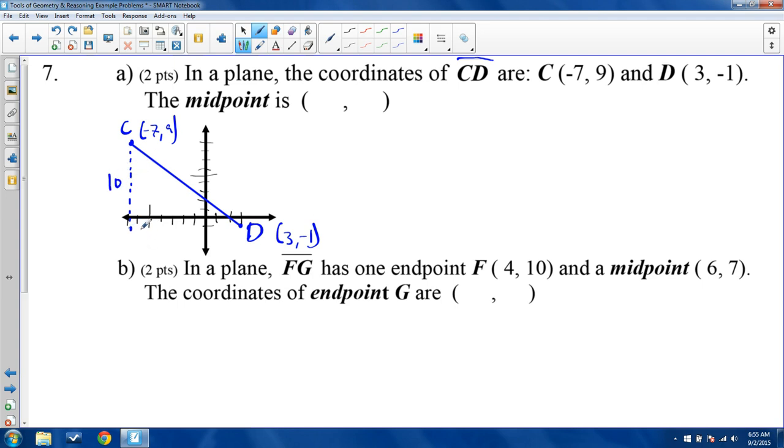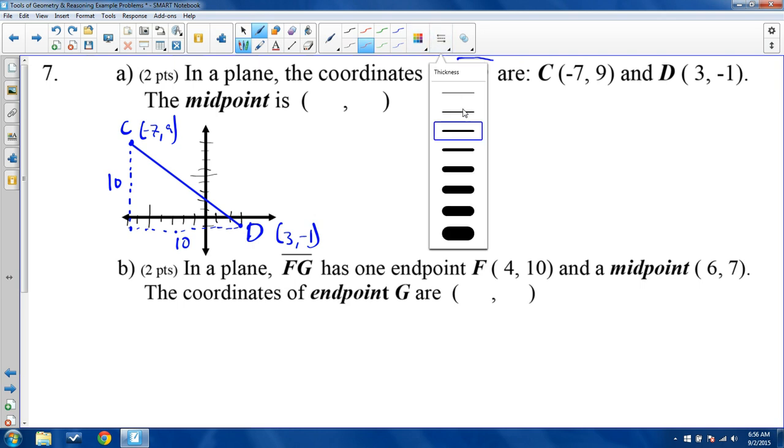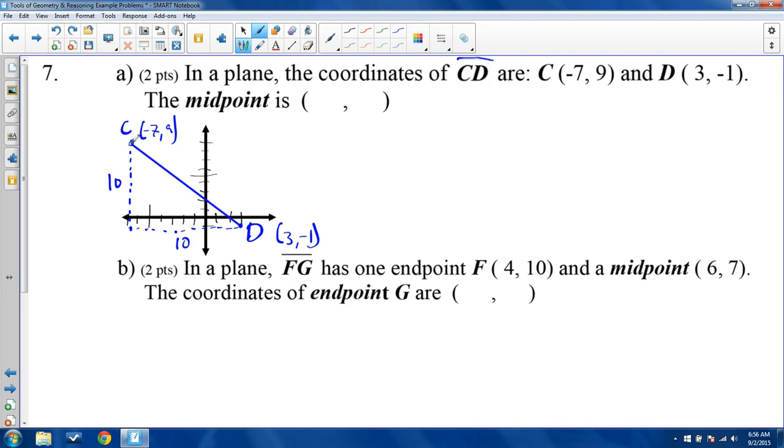You could put -10, but it's all good. And going over, how far did I have to go from -7 to 3? From -7 to 0 is 7, 0 to 3 is 3, so total is 10. So you go down 10, you go over 10 to get all the way to that other point. What I want to do in finding the midpoint is basically divide these lengths in half and then go halfway.